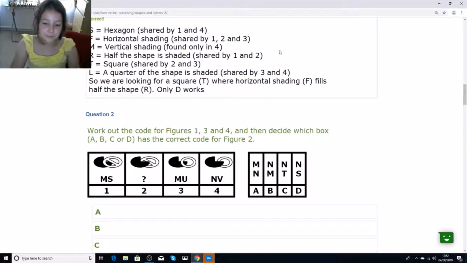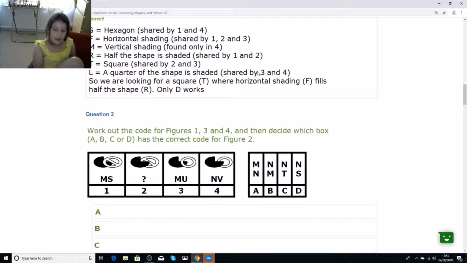Question 2. Here we have a sort of sign or a circle and a Pac-Man shape, which is what I would call it, a black Pac-Man shape. 1 and 3 both share M. This must mean it is because the Pac-Man is behind the sign or the circle.